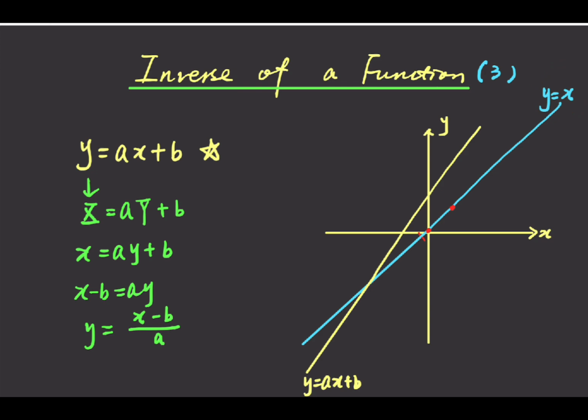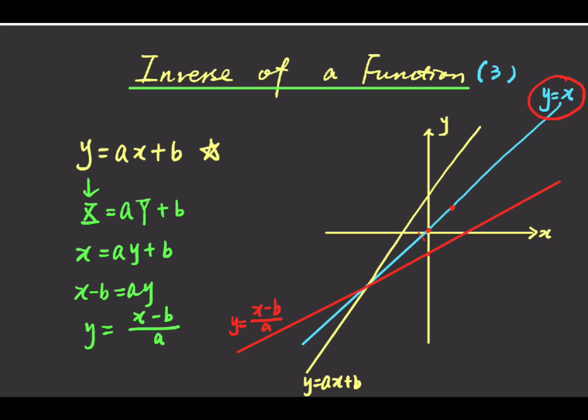So for this relation, the graph should be here. It should be like this. Okay, this should be y equals (x minus b) over a. This is the line y equals x.